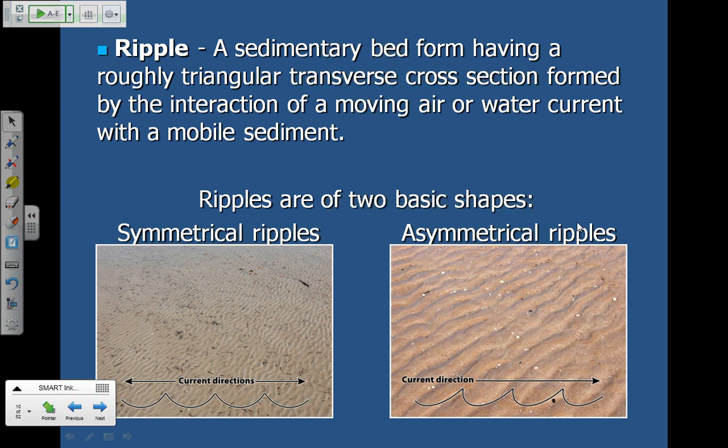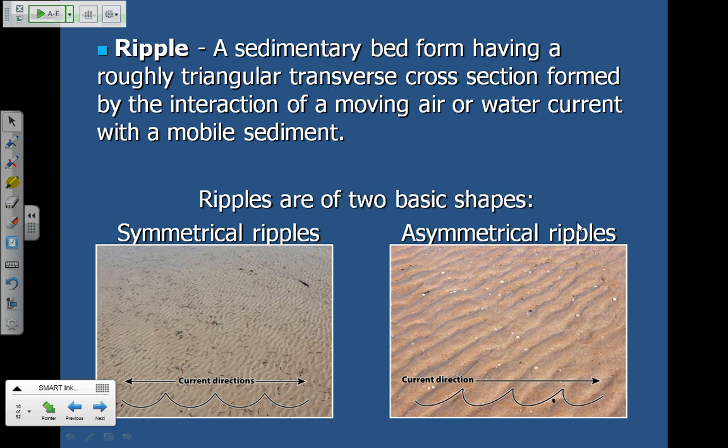Beach. Beach environment. Those waves come crashing up onto the beach, and then that water runs back. So we've got two directions of current. So whenever we see these symmetrical ripples in conjunction with other stuff, we can be fairly certain we may have a beach. Okay. The other ones, asymmetrical, indicate that we have one direction of current.